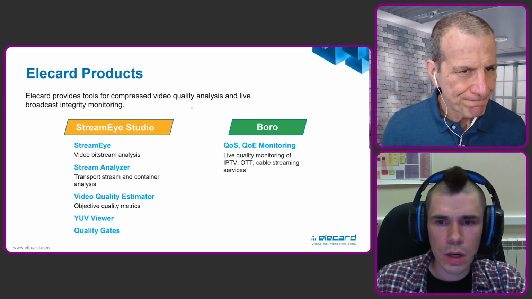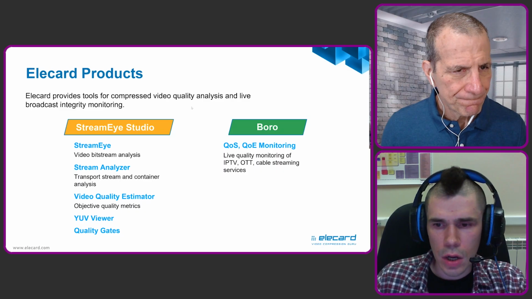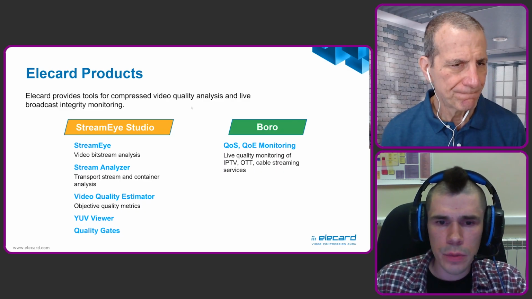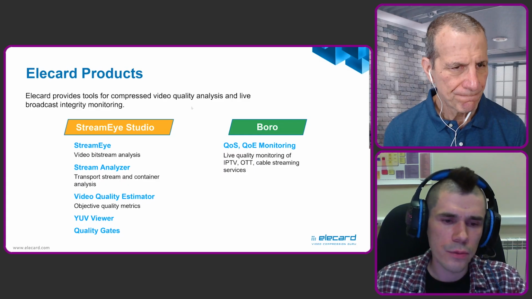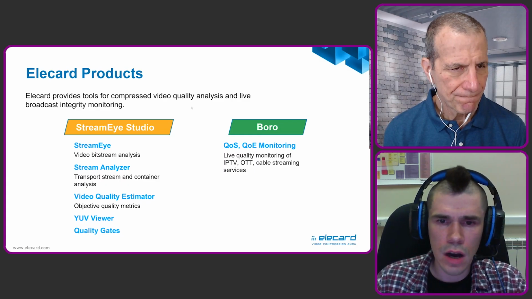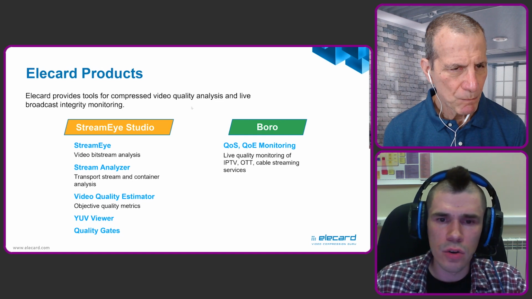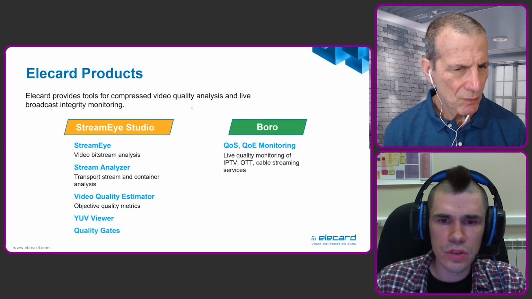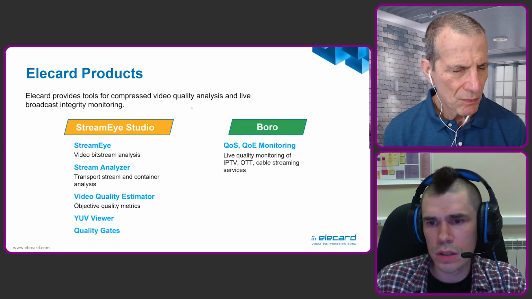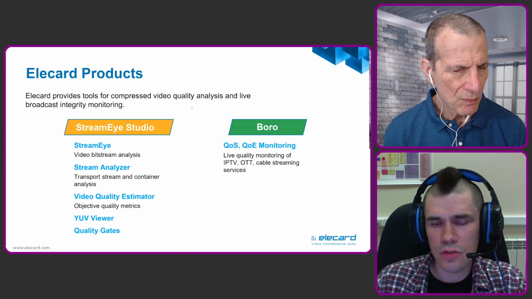The third one is Video Quality Estimator, which is for measurement of objective video quality metrics. The last ones are YUV Viewer, just to check the uncompressed YUV data, which is typical for encoder developers, and Quality Gates, just to check the similarity between different video bitstreams with different resolutions, different frame rates, etc.